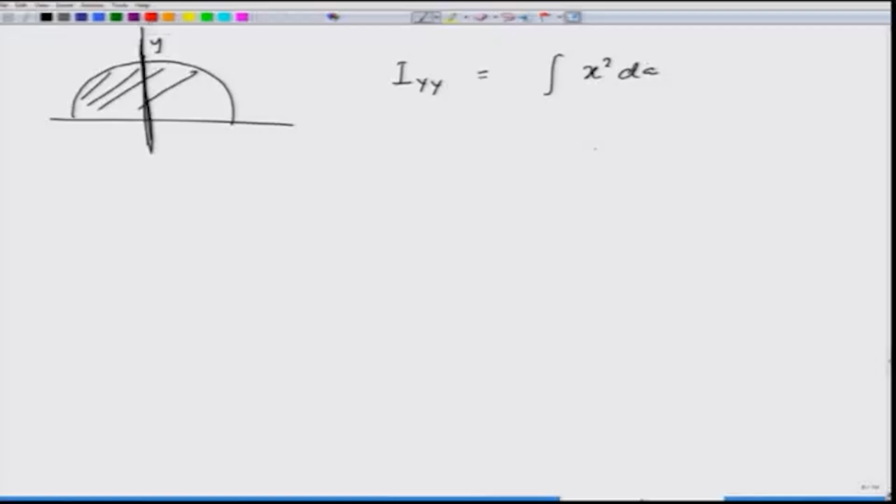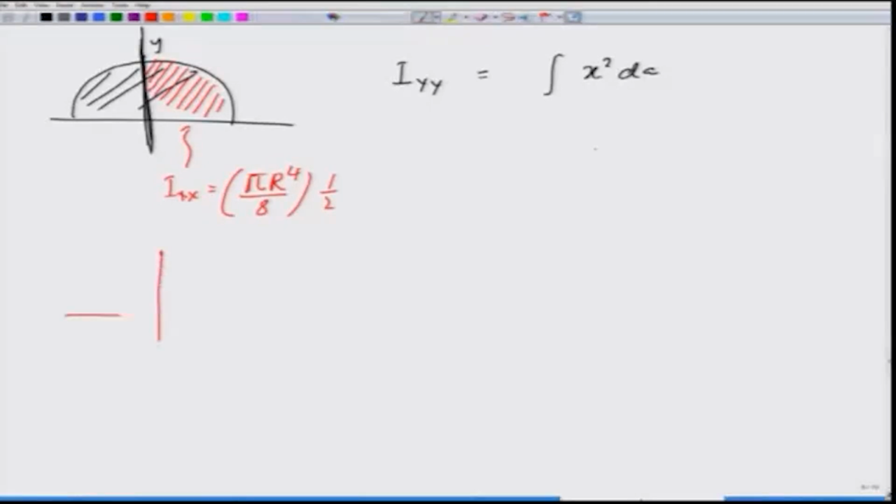I would immediately use a trick: half of the semicircle has moment of inertia equal to pi r raised to 4 over 8, 1/2 of it, and so does the other one.